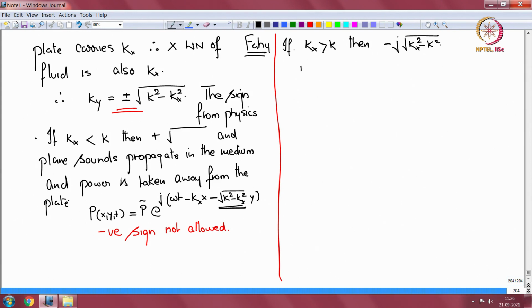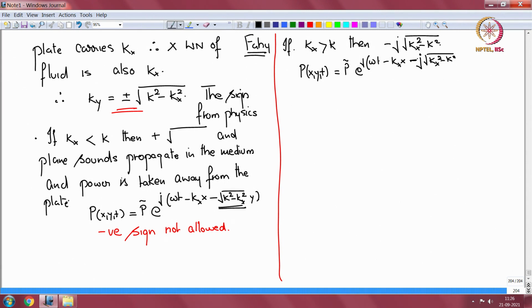Because we have p x comma y comma t is equal to p tilde e to the power of j omega t minus kxx, but kx is now greater, so I have to choose a minus j square root of kx square minus k square.